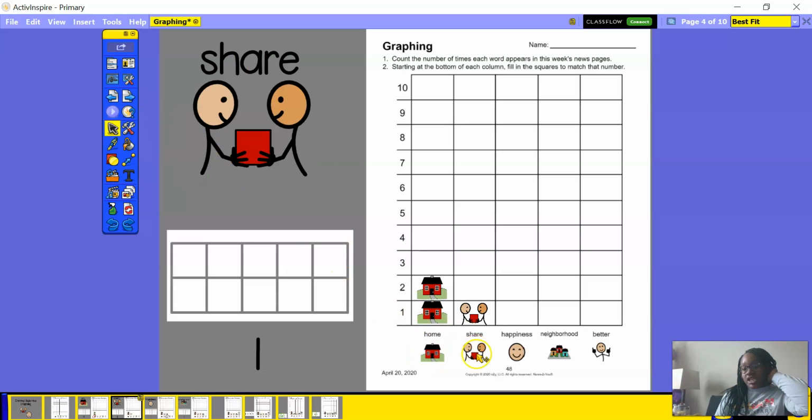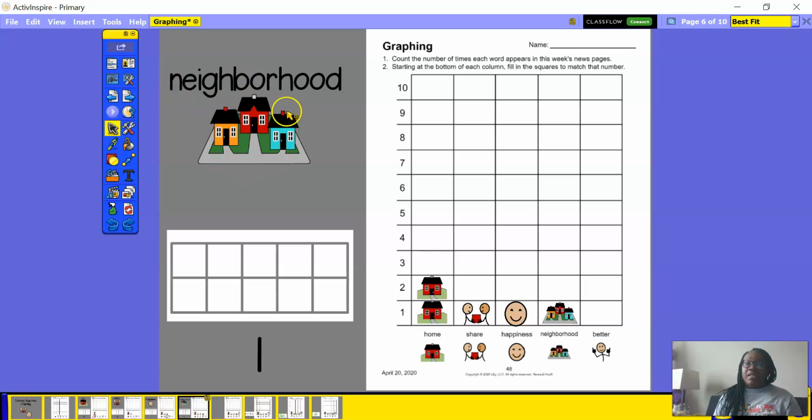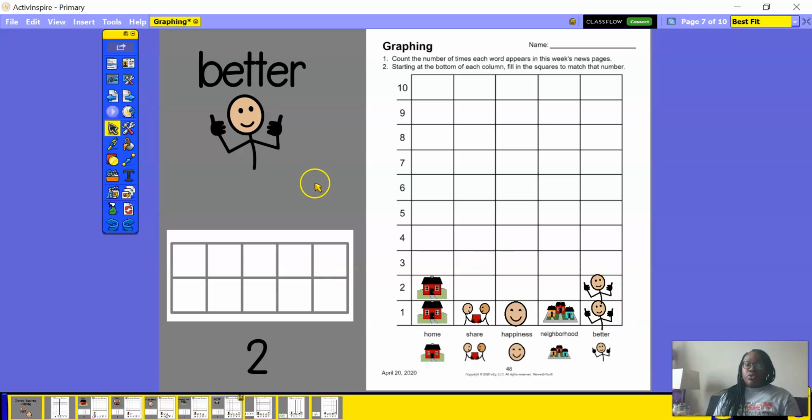The word share was in our story 1 time. The word happiness was in our story 1 time. The word neighborhood was in our story 1 time. And the word better was in our story 2 times.